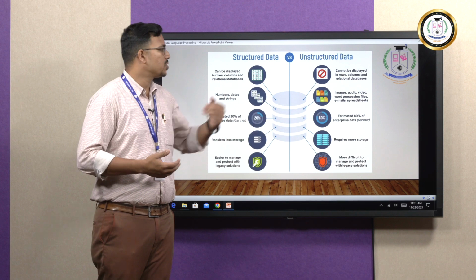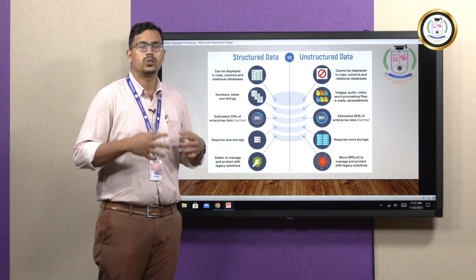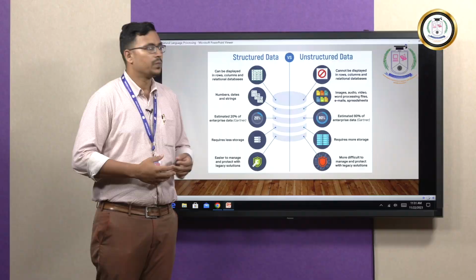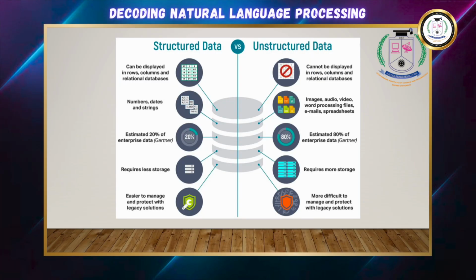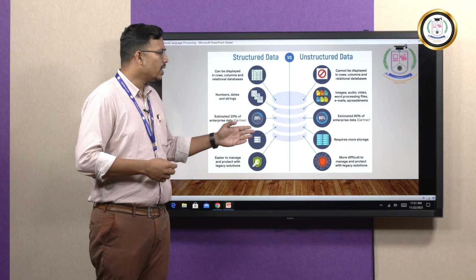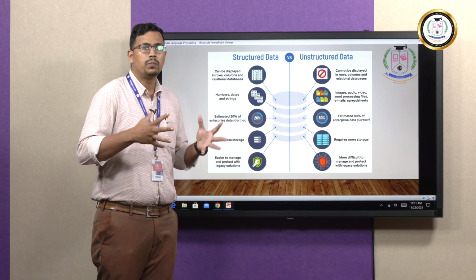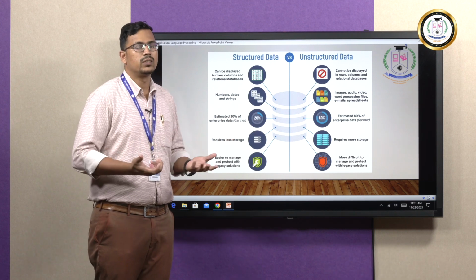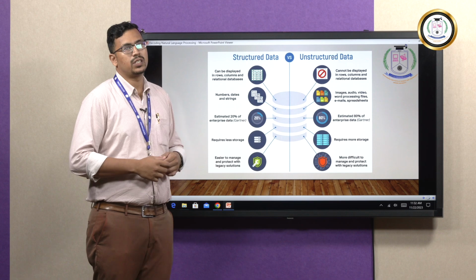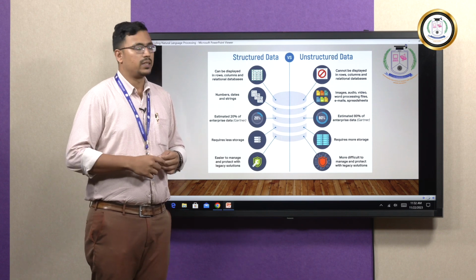Whereas unstructured data cannot be displayed, stored, or managed in tabular form. It can be stored in the form of images, audio, video, word processing files, etc. As we said earlier, unstructured data comprises 80% of data around us, and the remaining 20% is structured data generated in the enterprise.